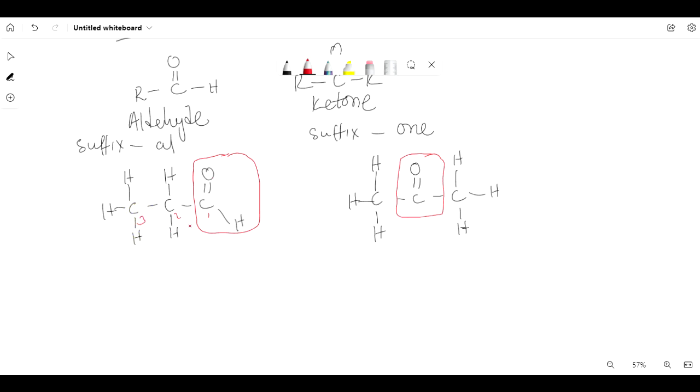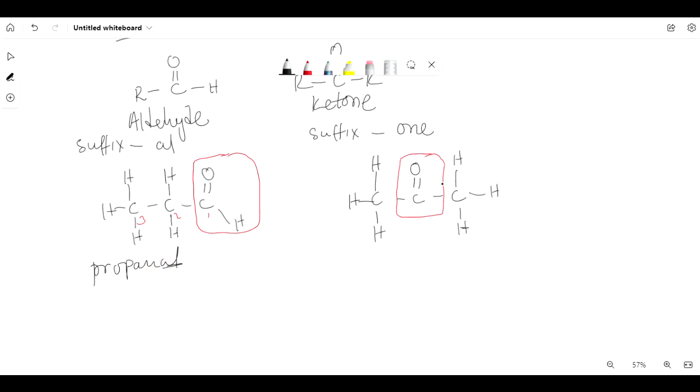The parent name that has 3 carbons is propan. So it means here we have a propanal. Remember that the suffix of the aldehyde is al.